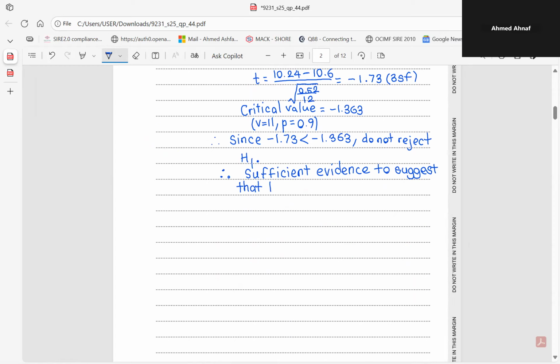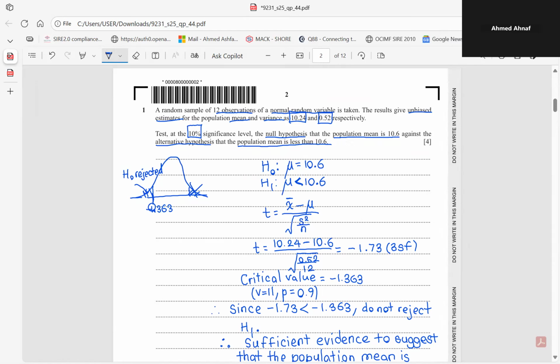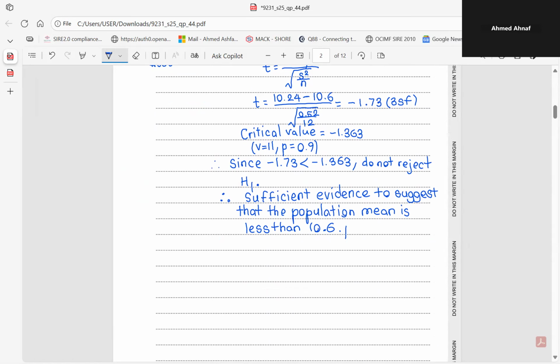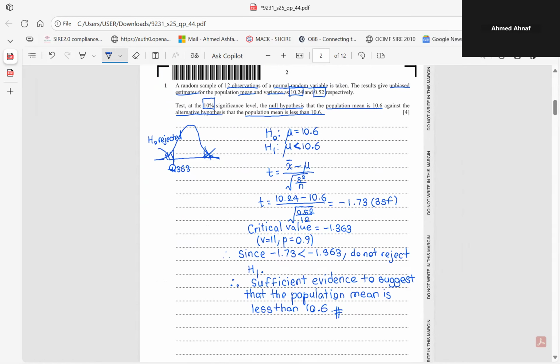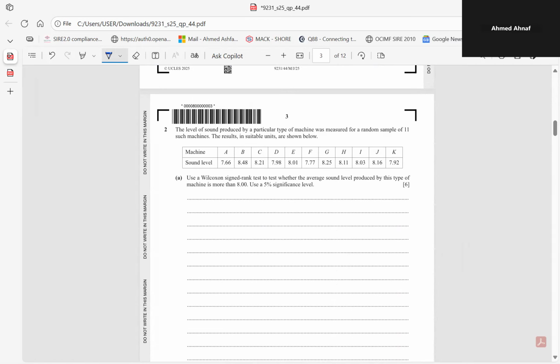To suggest that the population mean is less than 10.6. All right, so we can stop here for this question. This would be our final answer for this first question. Let's head on to the next question.